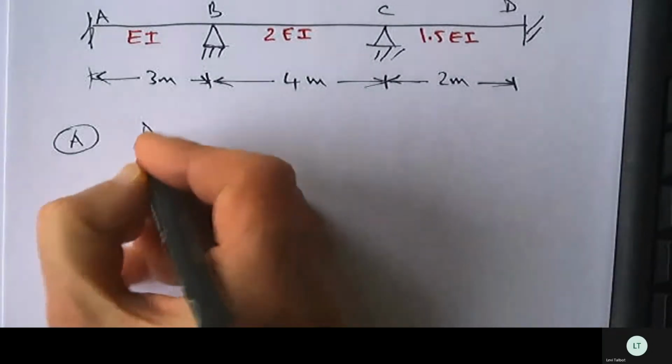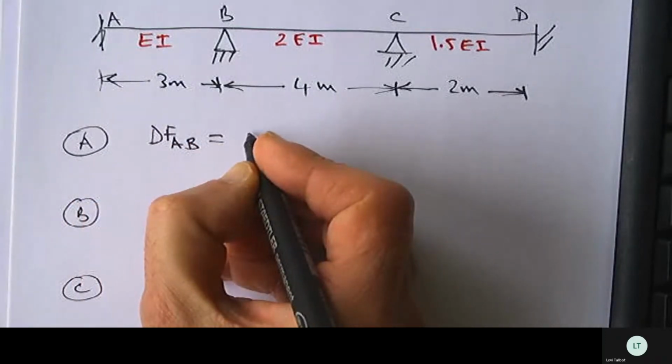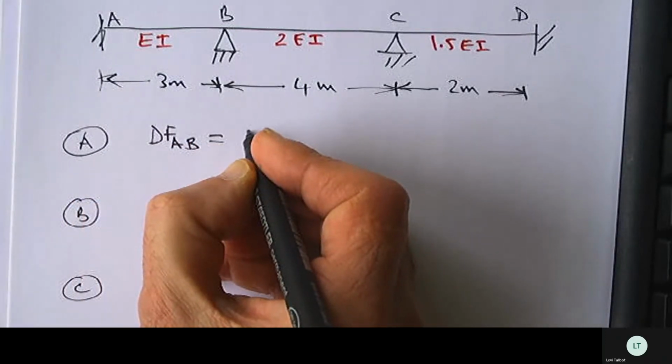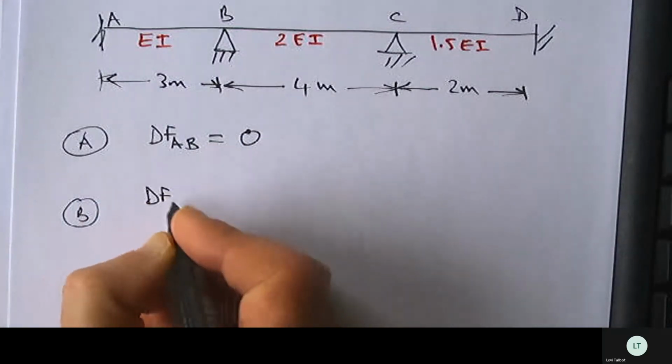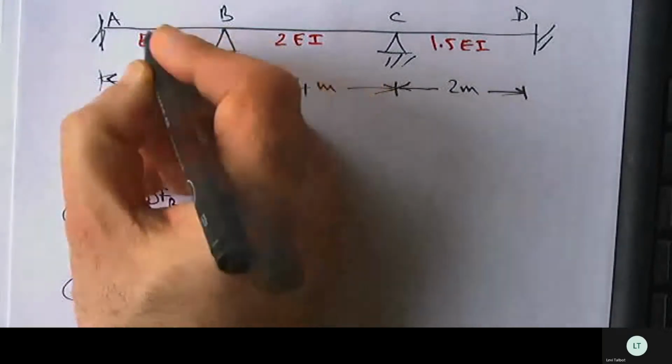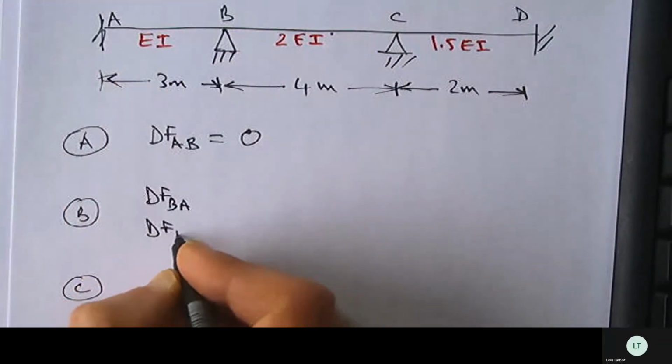So for joint A, we said earlier, if it's a fixed joint at the end, it will be 0. So now we have DF BA and DF BC. So we have two members.